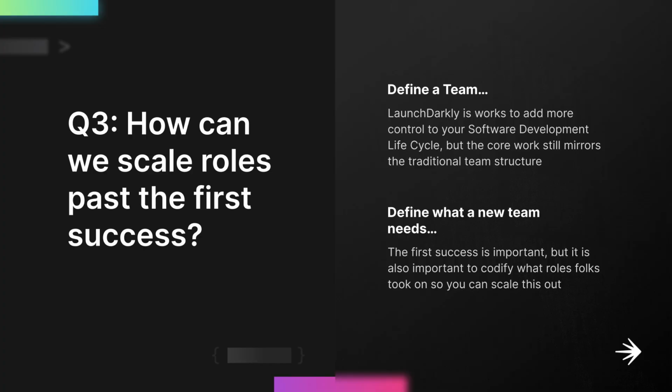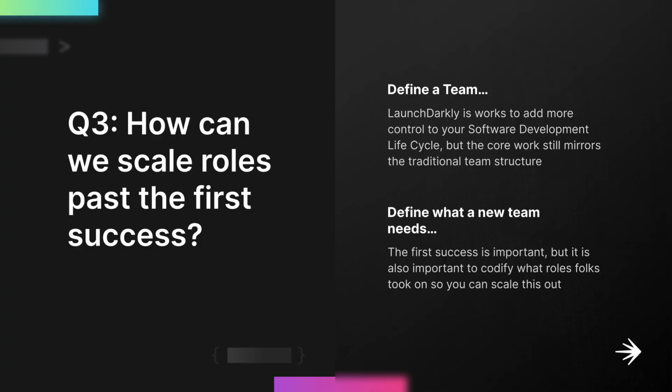The last question I usually get is, how do we scale this beyond that first success? What I recommend here is to define the team and then define what a new team needs. If your team has successfully rolled out custom roles and it has become the benchmark for your team, then make sure you share that with other teams so they don't have to reinvent the wheel.